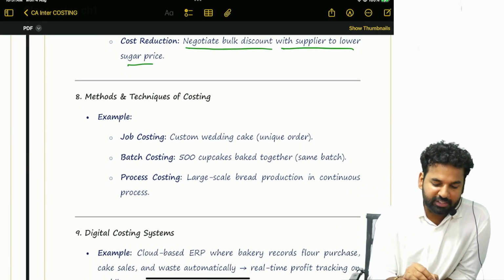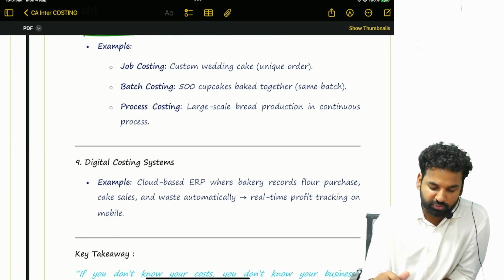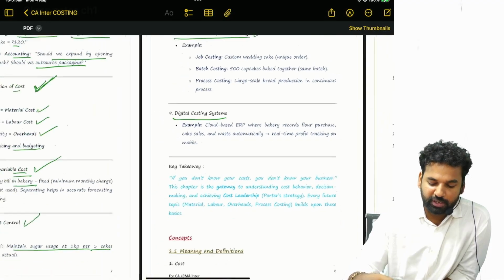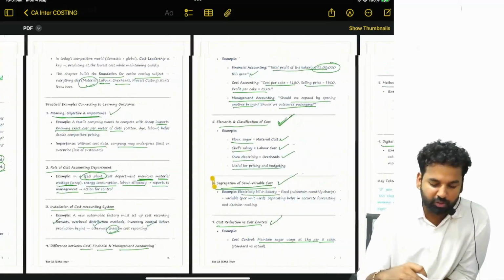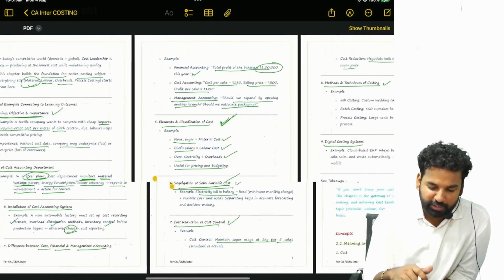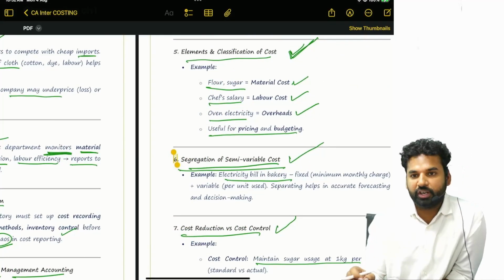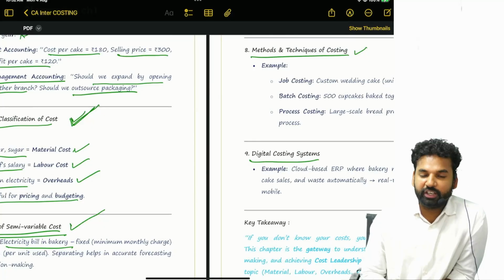So next, methods and techniques of costing that we will see. Different methods and techniques of costing. Digital costing system. This also we will see. So these are the learning objectives of this chapter. What are the main learning objectives? Meaning, objective and importance, the role of cost accounting department, installation of cost accounting system, elements and classification of cost, segregation of semi-variable cost, cost reduction and cost control, and methods and techniques of costing, digital costing system.